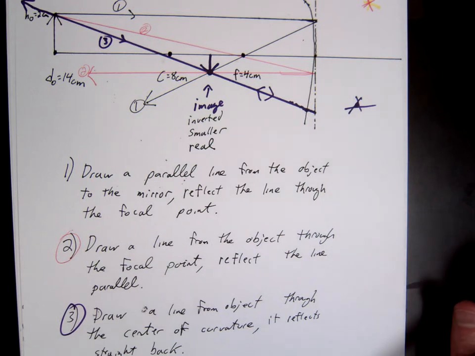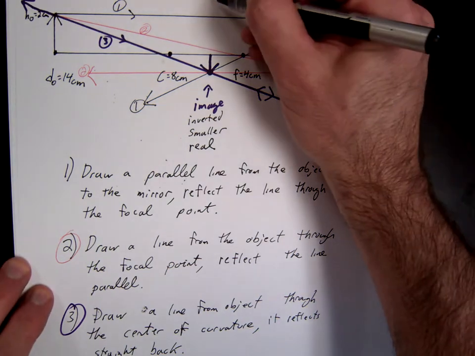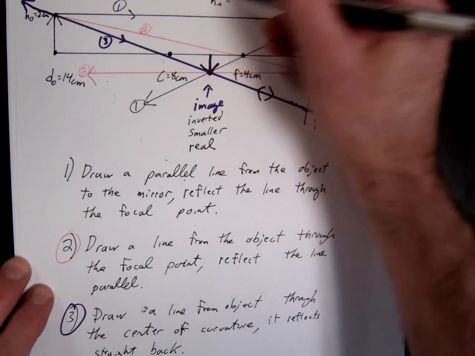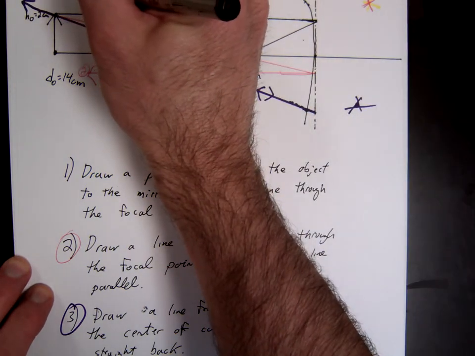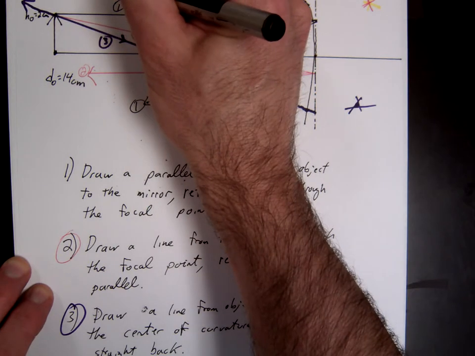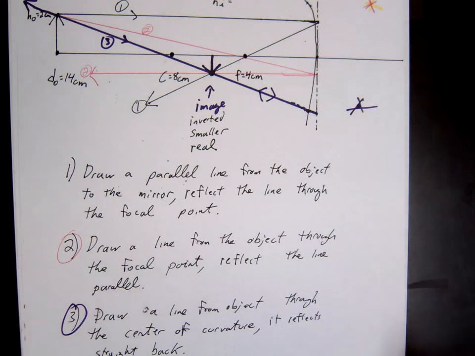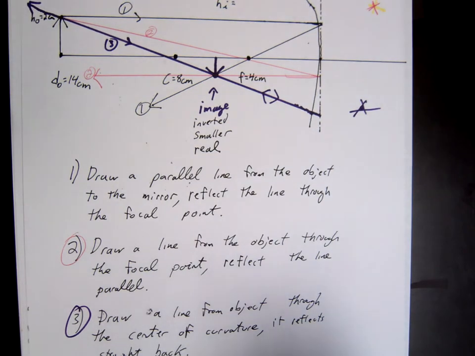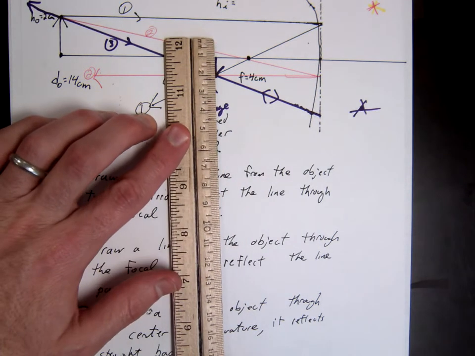That's my DI. The next thing I would like you to measure is the HI. Now, I don't think I've used that word before, but what do you think HI stands for? Image height. So how tall the image is. Okay, so take your ruler. Measure the height of the image.